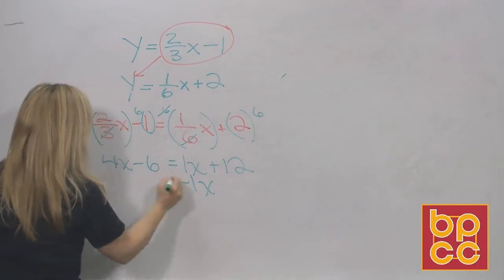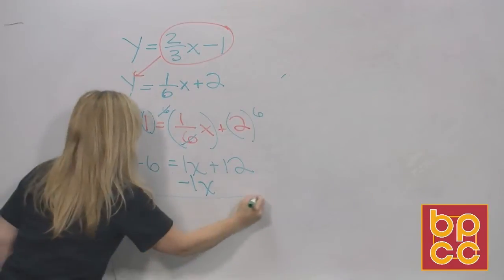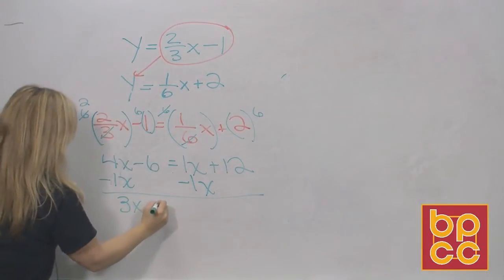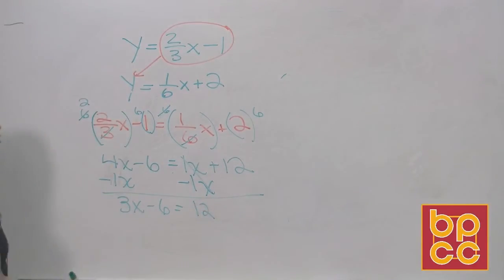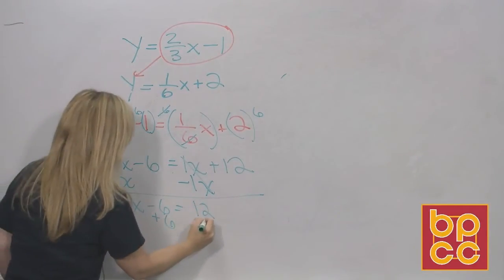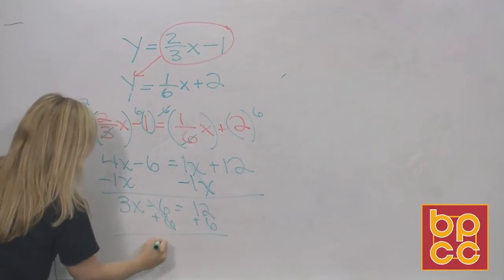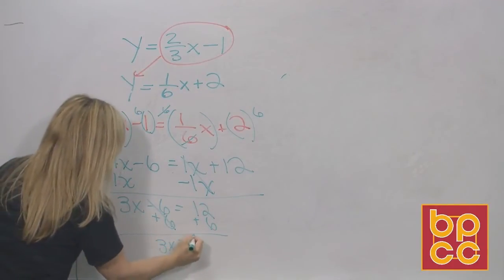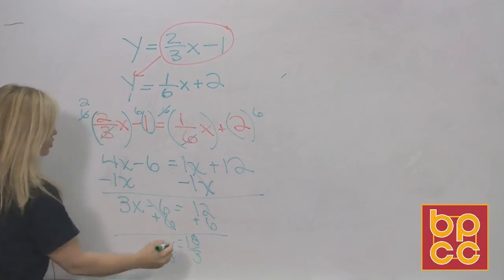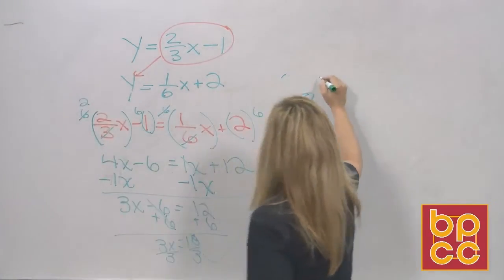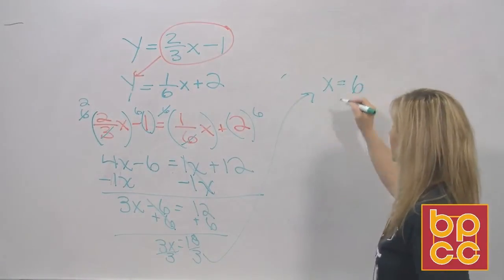Variables move to the left. 3x minus 6 equals 12. Numbers move to the right. Add 6. 3x equals 18. We're going to divide by 3. And what's our solution going to be? It's going to be x equals 6.